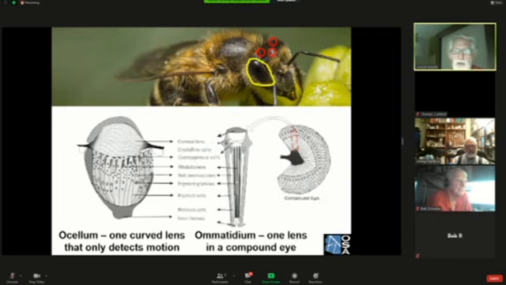So here is the anatomy of the compound eyes outlined in yellow, one on each side of the head of the bee. And these have these very long structures called ommatidium that have one lens per ommatidium, but there's thousands of these that make up the compound eye that you see outlined in yellow there.